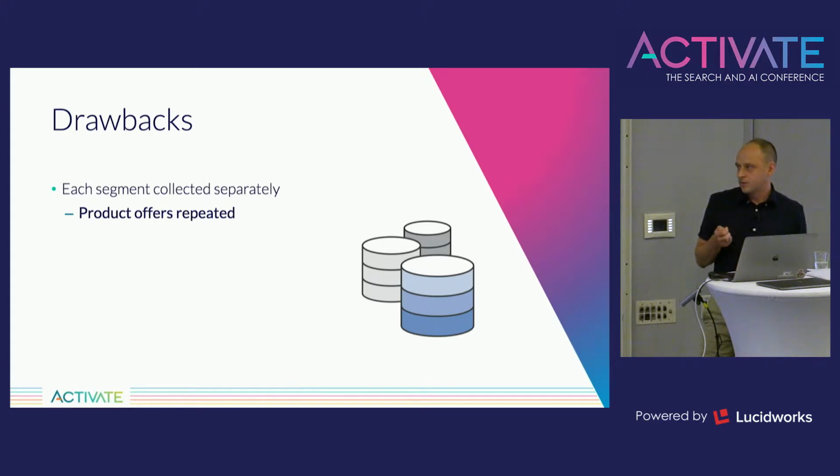However, in our case, we modify all of the offers of the same product together, so there is a high probability that those documents will be placed in the same segment, but we didn't have a 100% guarantee.